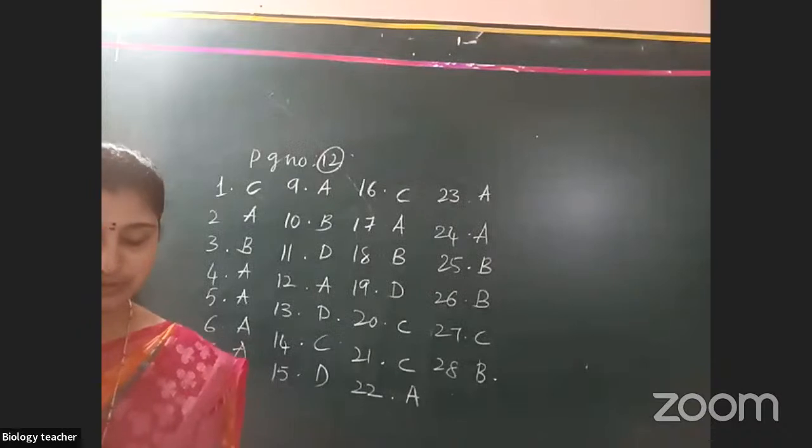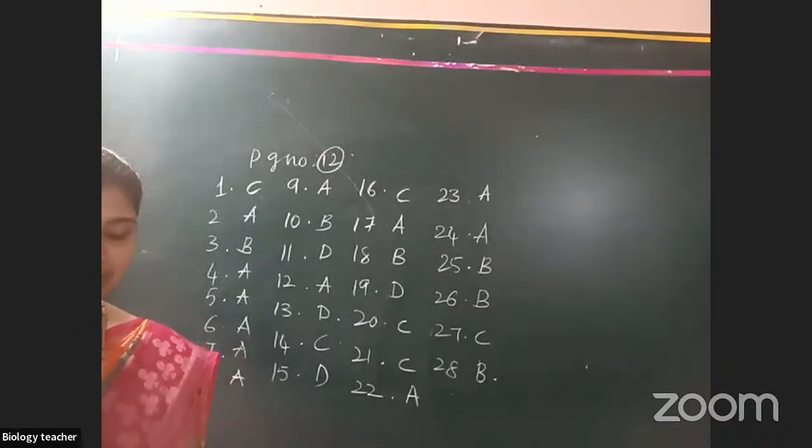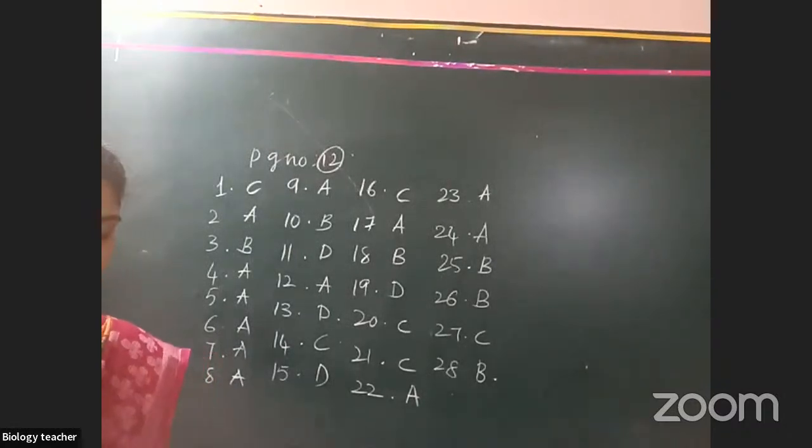Yes, it is also a true statement. And reason is wheat is the most important cereal crop in the world, followed by rice and maize. So answer is assertion and reason are true, but reason is not the correct explanation of assertion. So 29th B, option is B.